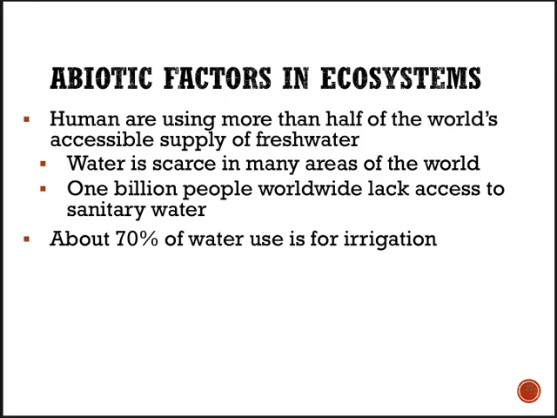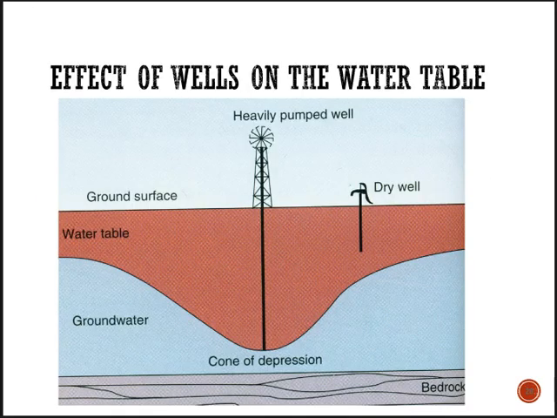And since most of you are not familiar with a well, let me just talk to you about what that well looks like. So here's our water table right here, and this is a pump, a well that's pumping out water from the groundwater, and it's doing a really good job of it. And so what happens is it draws a lot of that water out and causes this cone of depression.